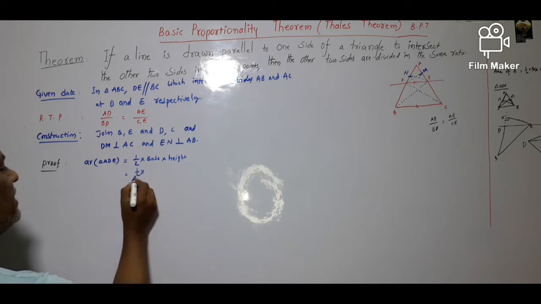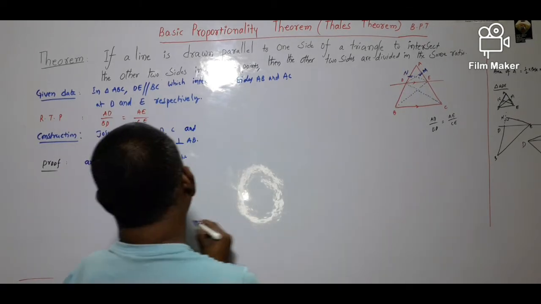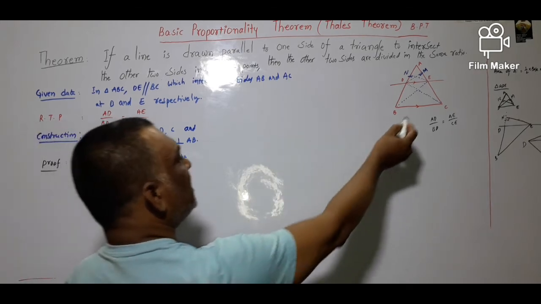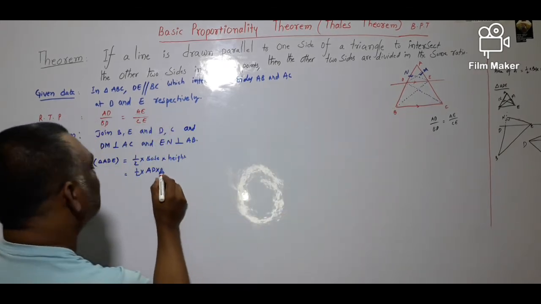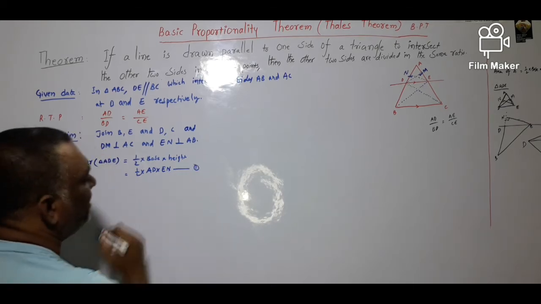Base is AD, height is the perpendicular height EN. So this is equation number 1.